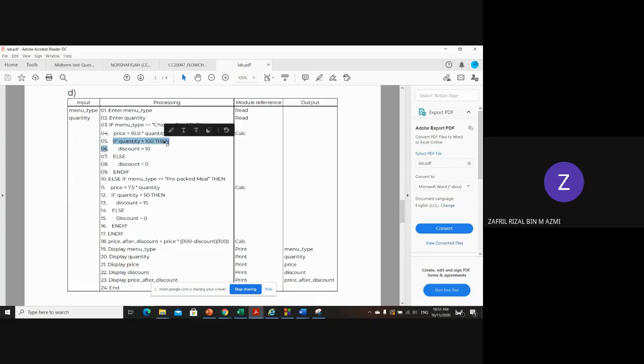Some of you have a different version, meaning you don't put the equation over here, you put the equation inside of if quantity more than 100. Is it correct? Also correct.